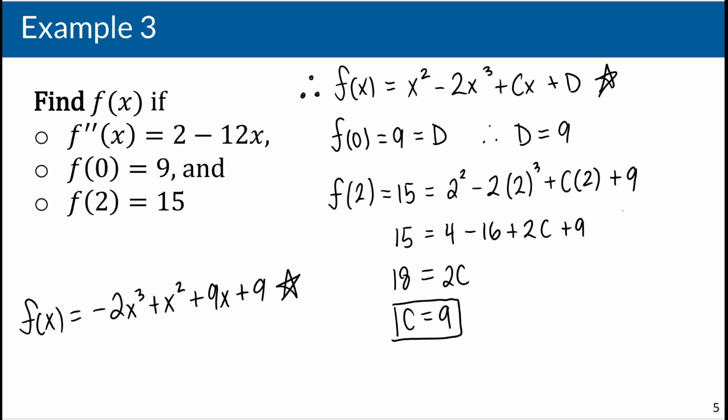It's an explicit function now. There's no uncertainty anymore. I know that based on the information that I was given, that this was the second derivative of the function, and these were 2 points that I knew were on the function. Because I had that information, there's no ambiguity here anymore. There's no need to generalize. I can actually find the specific antiderivative, which is the function that we have here as f of x.